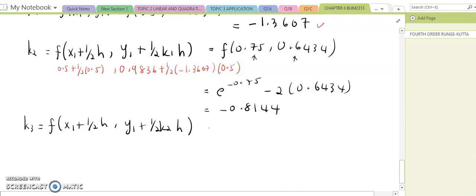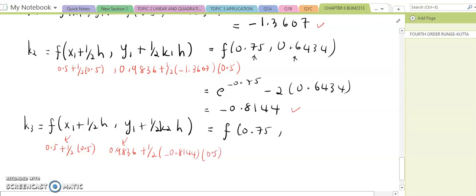So x1 is 0.5 plus half 0.5, so it is 0.75, and the y value, y1 is 0.9836 plus half k2, this value, negative 0.8144 times h 0.5, so it is 0.78.